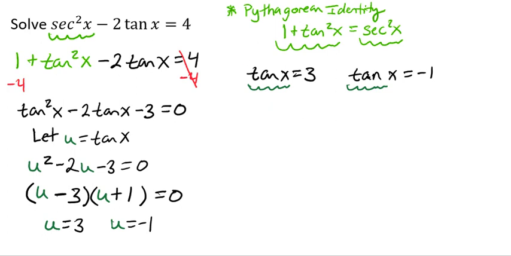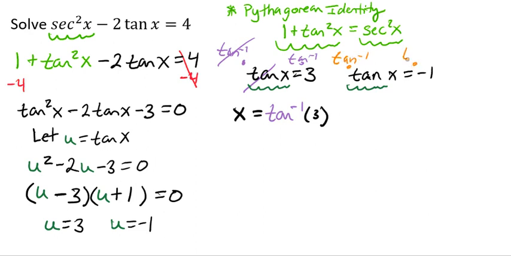So we'll take the inverse tangent of each side, and those will cancel out those tangents, dropping down our x. So we'll have x equals the inverse tangent of 3, and then doing the same thing here, crossing those out is going to give us that x equals the inverse tangent of negative 1.